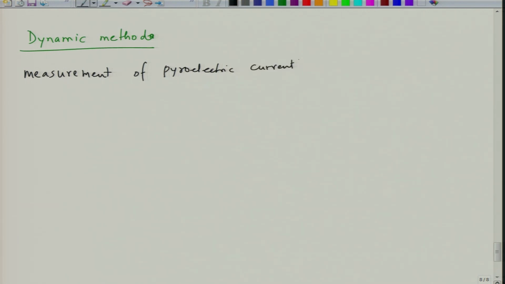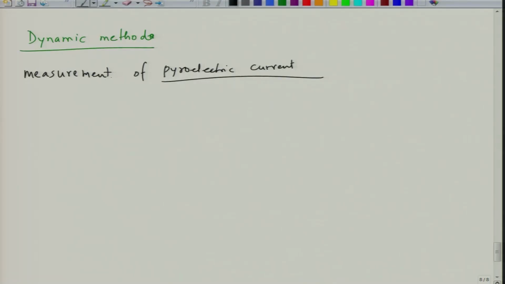So when you have this varying spontaneous polarization as a function of temperature, this varying spontaneous polarization causes a change in the current, which is the pyroelectric current, and you measure this current basically. So if you look, this is polarization, which is in microcoulomb per centimeter square.